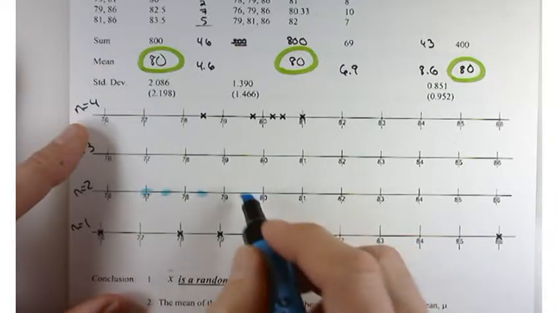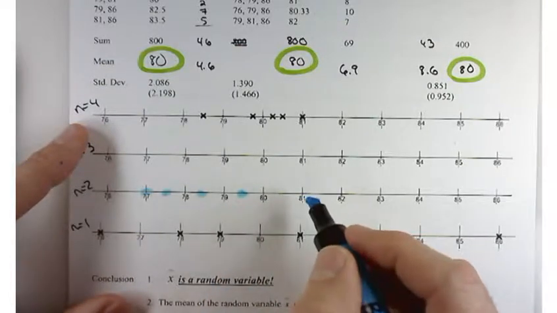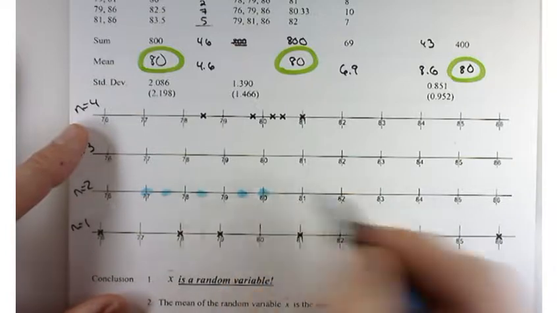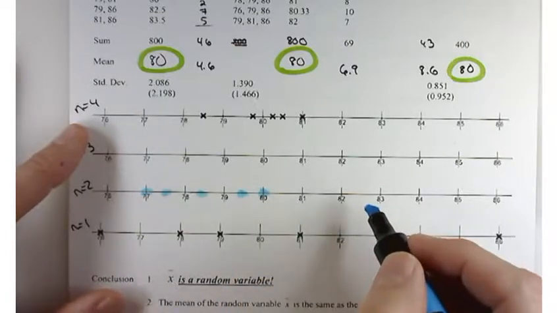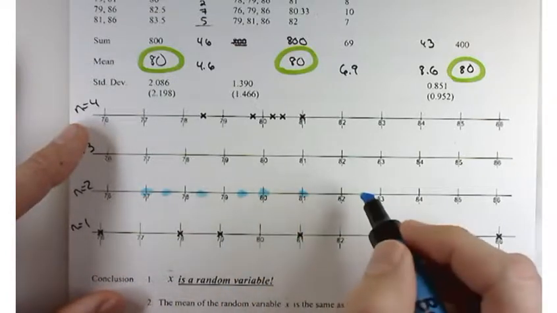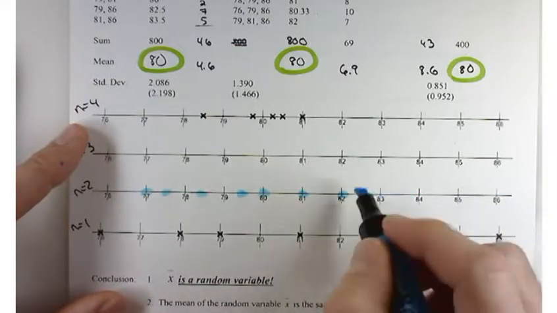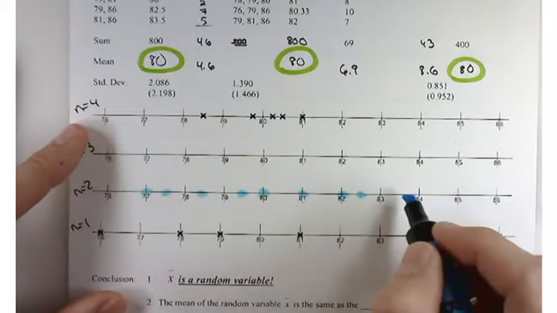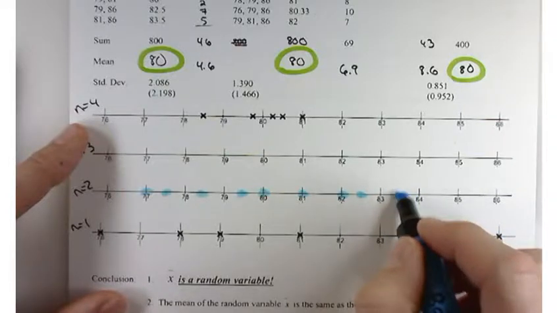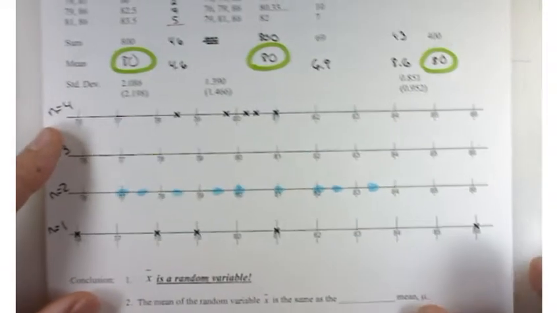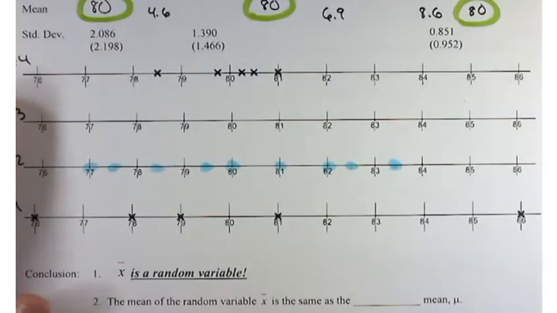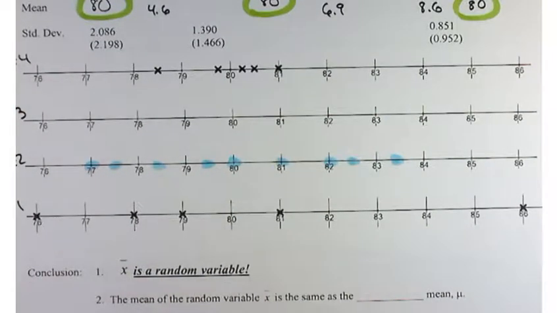There's one at 79.5. There's one at 80. There's one at 81. I've got one at 82. One at 82.5. And one at 83.5. So that's for samples of size 2.